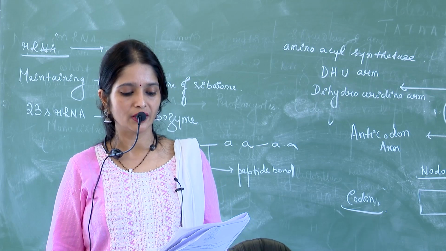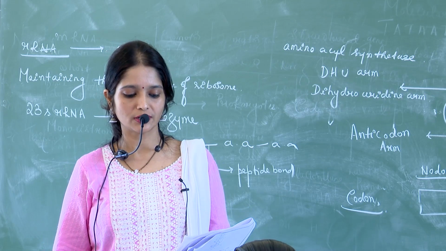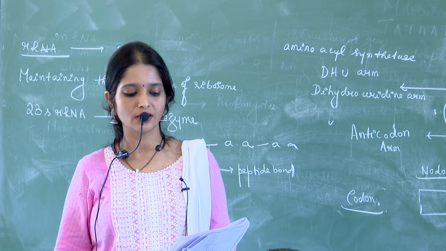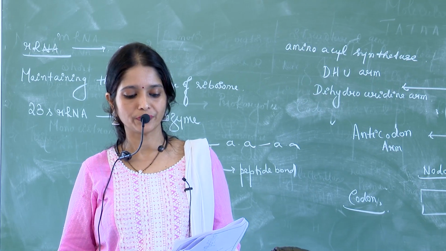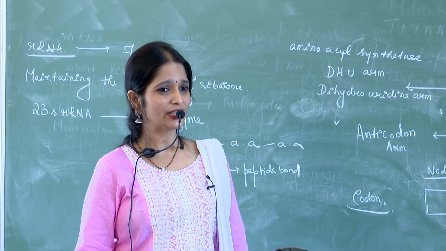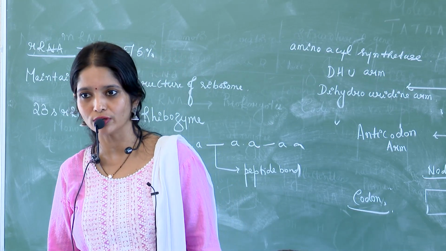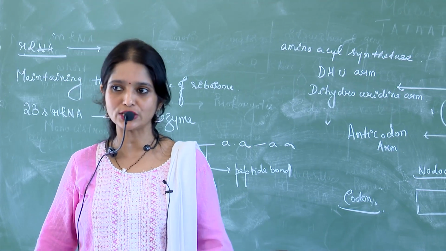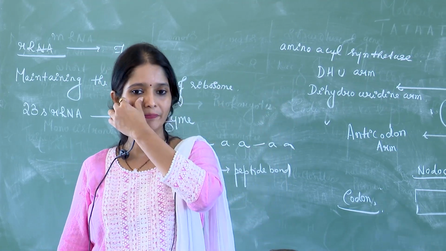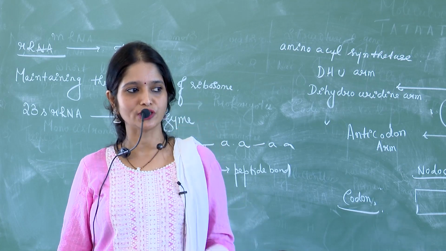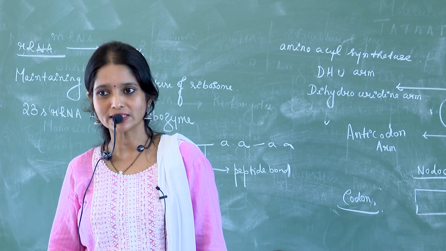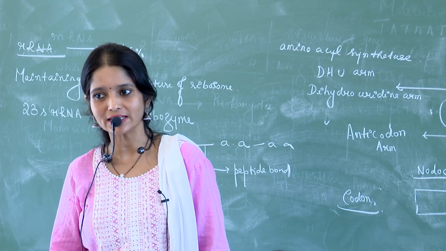Translation. What is translation? In translation, which enzyme is involved? Amino acyl tRNA synthetase. Don't you remember reading the translation process? Which is the enzyme involved there? Amino acyl tRNA synthetase enzyme.